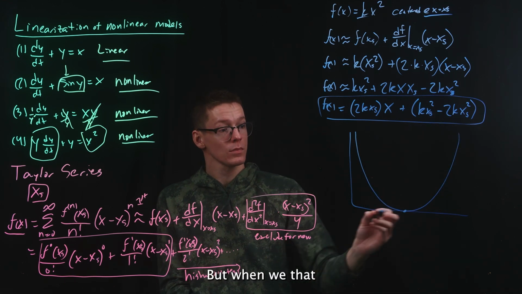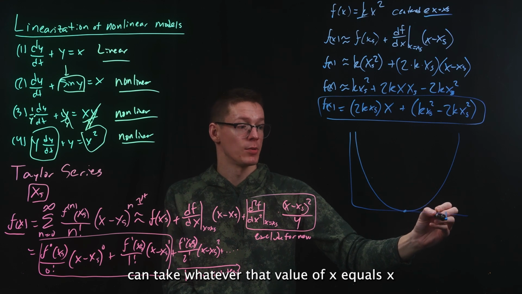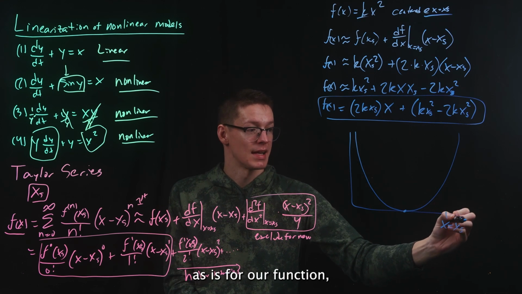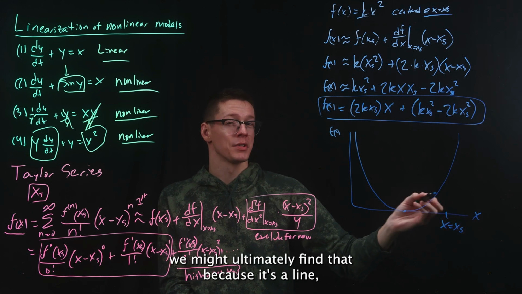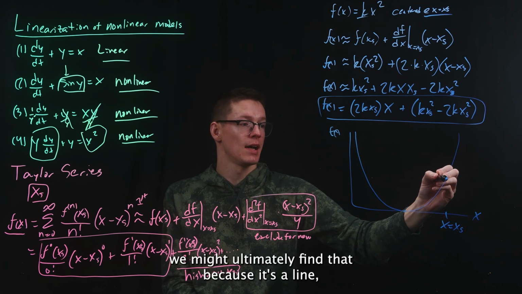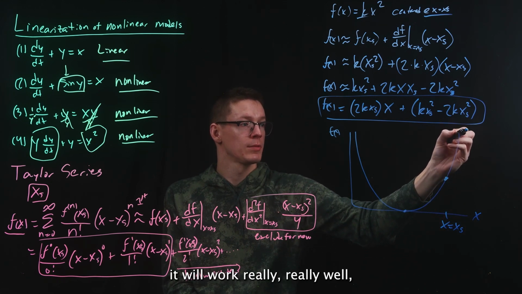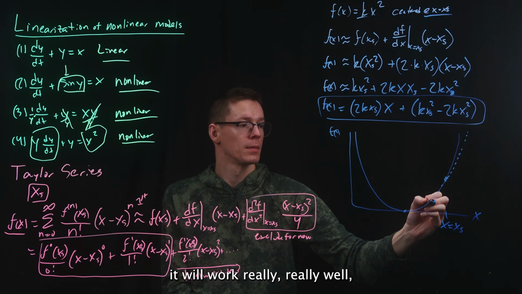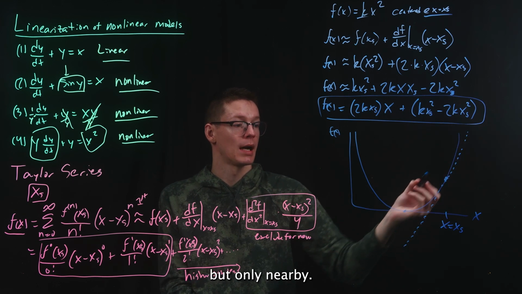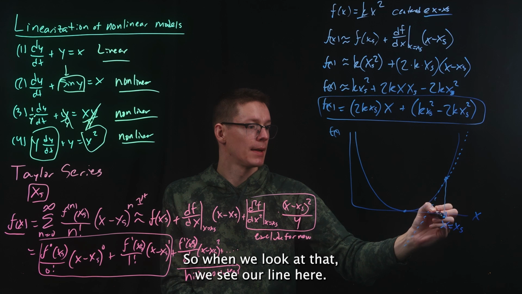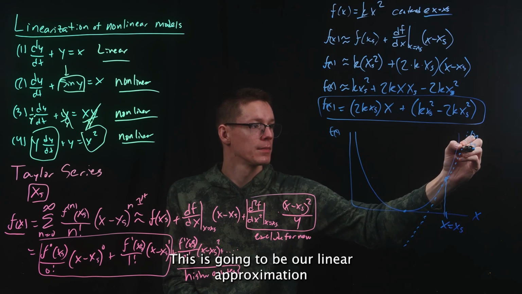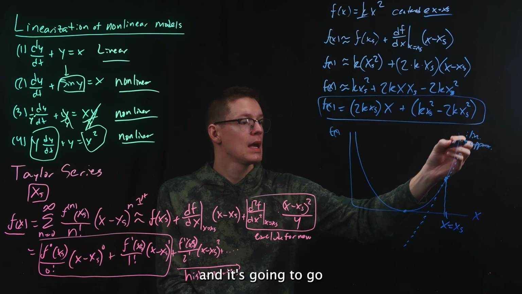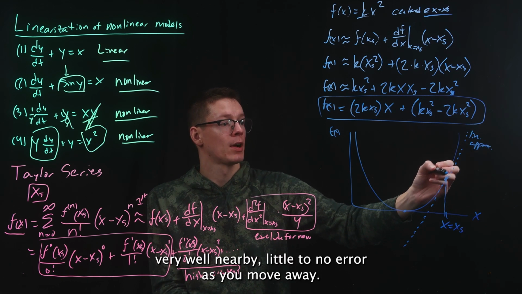But when we then take whatever that value of x equals xs is for our function, we might ultimately find that because it's a line, it will work really, really well, but only nearby. So when we look at that, we see our line here. This is going to be our linear approximation, and it's going to go very well nearby.